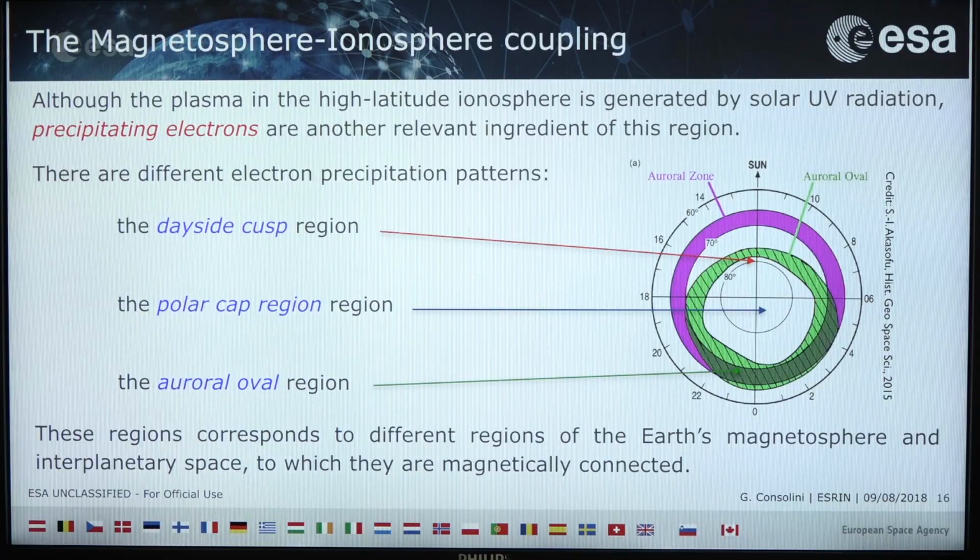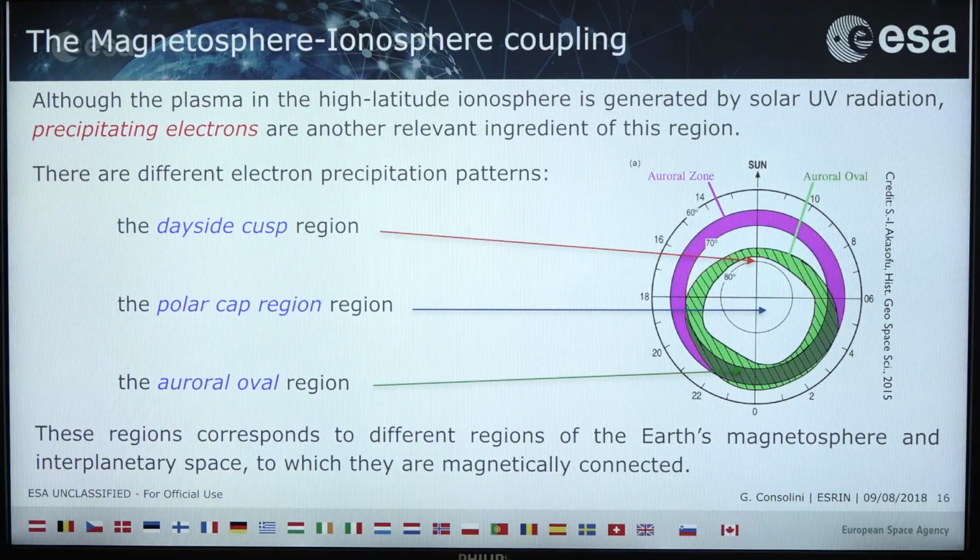The other part is the auroral oval. This is the region where there is a higher probability to observe auroral events. And this region is directly connected to the inner part, to the closed field lines that connect that region of the ionosphere with the tail region or the dayside magnetosphere.